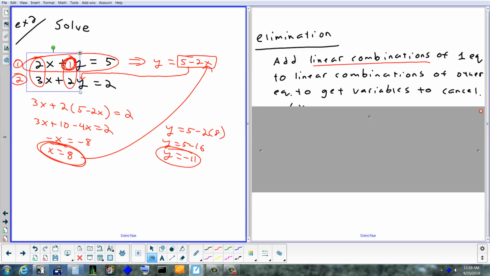It'd be a little harder to get rid of the x's. If I wanted to get rid of the x's, I would have to make one of them a 6 and the other one a negative 6. So you could multiply the top equation by like 3 and the bottom equation by negative 2. And that would make your x's cancel. Try to cancel the one that involves the least amount of work.